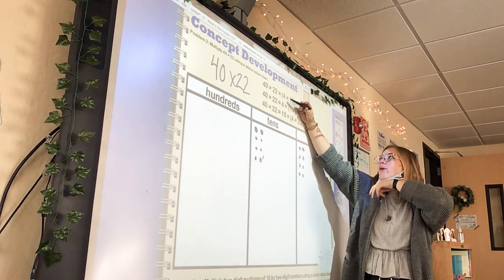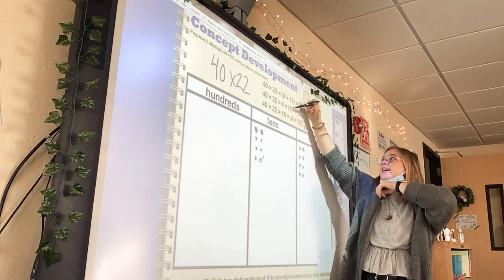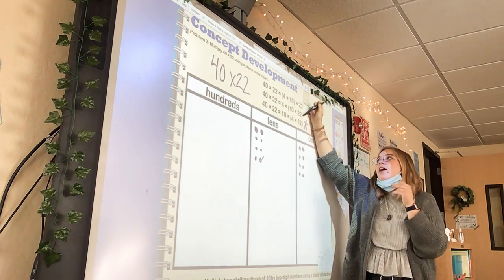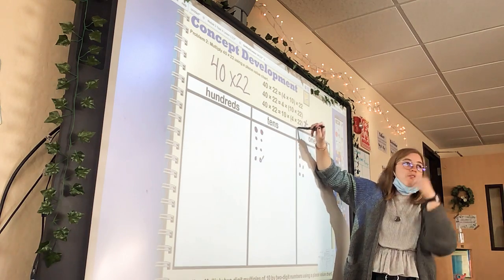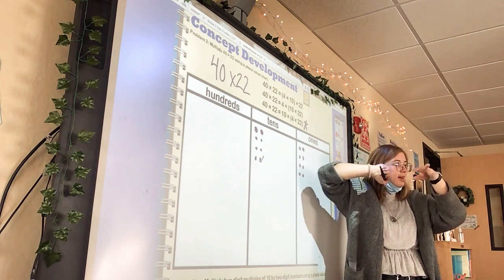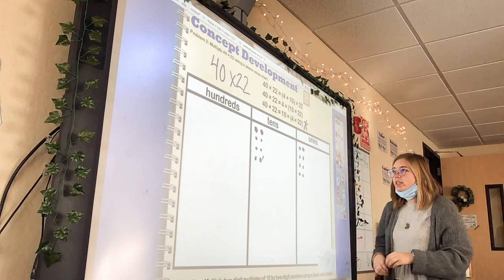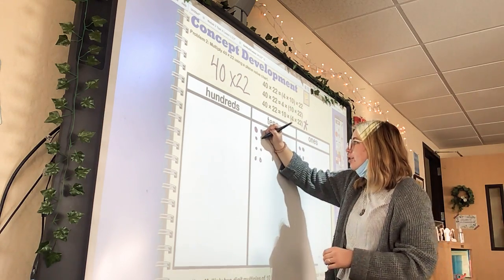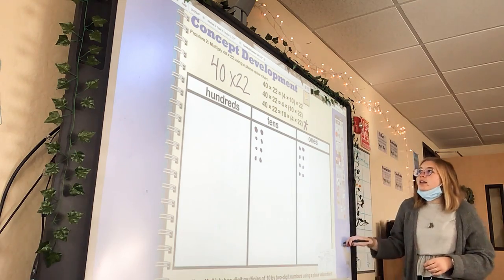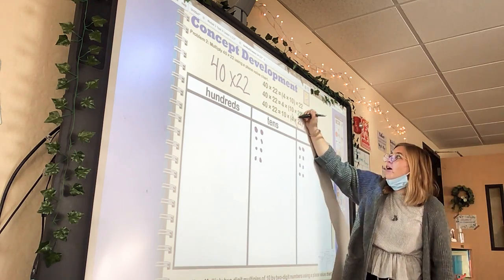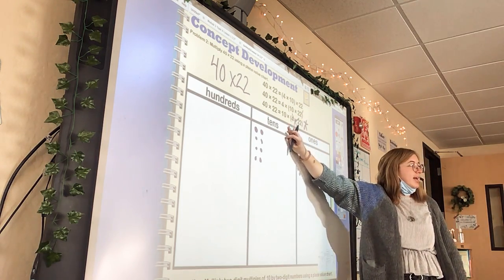I decided to go with 4 times 22 first, and then we're going to multiply it by 10. So I multiplied 22 times 4, and that part is done.